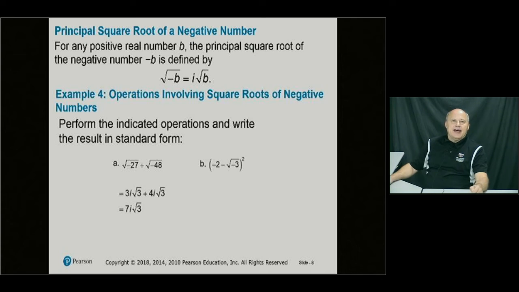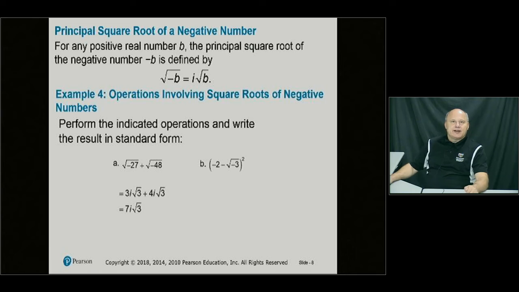Now the square root of negative 48, there's that i coming out, and 48 is 16 times 3. The square root of 16 is 4, that's why there's a 4 attached to that term, and the square root of 3 is on the inside. So the square root of negative 48 turns out to be 4i root 3.